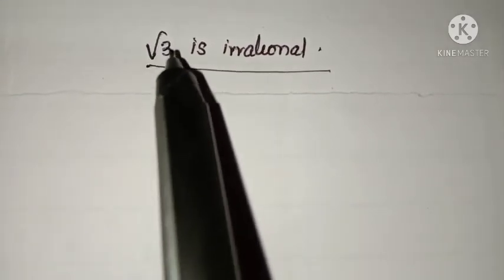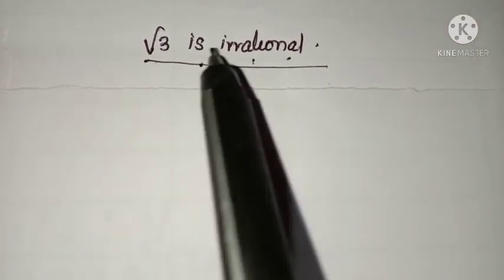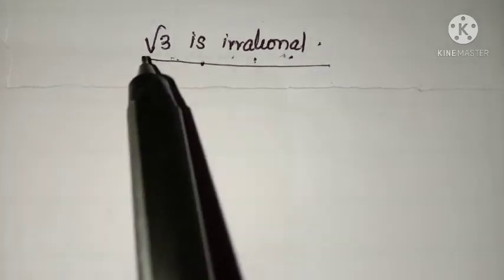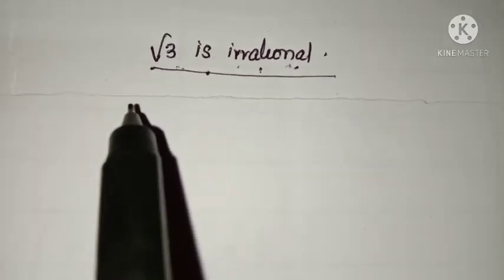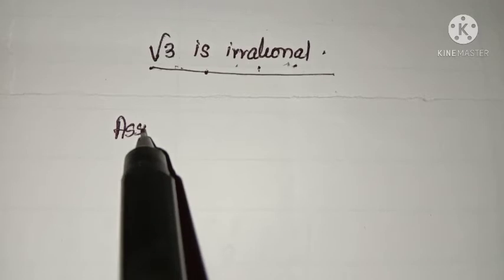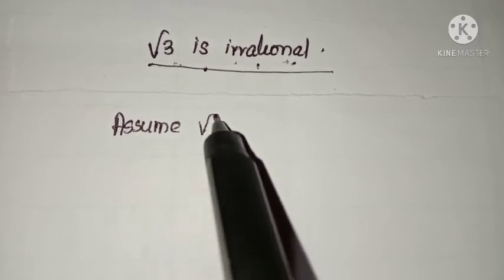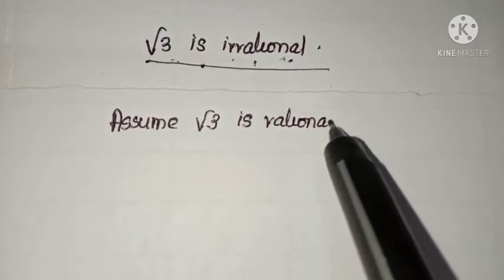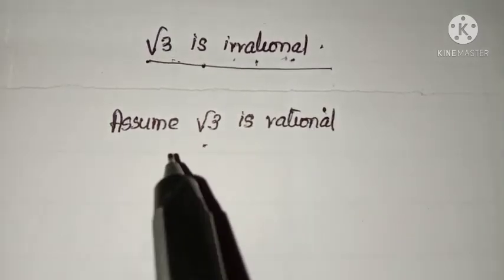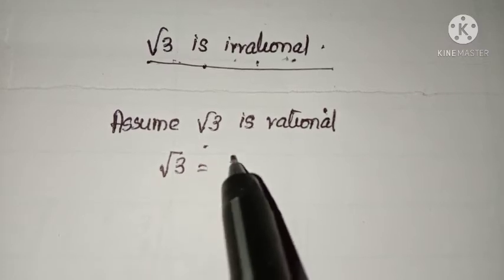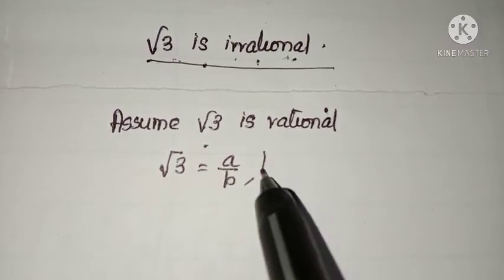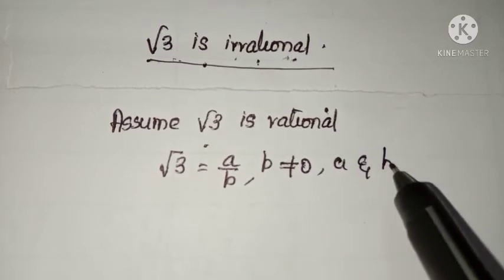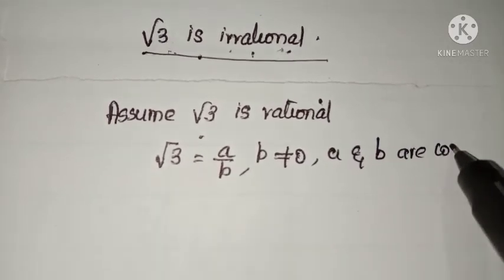Next is to prove root 3 is irrational. To prove root 3 is irrational, we are using the contradiction method. So the first step is to assume the contrary. That is, assume root 3 is rational. If root 3 is rational, then root 3 can be written as a by b, where b is not equal to 0, and a and b are co-primes.